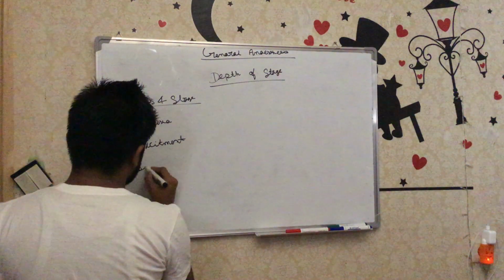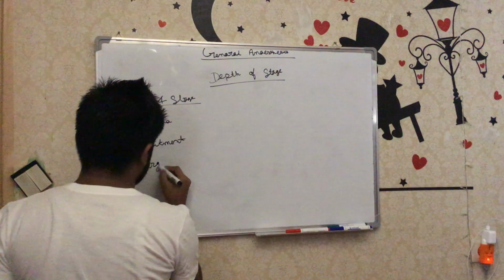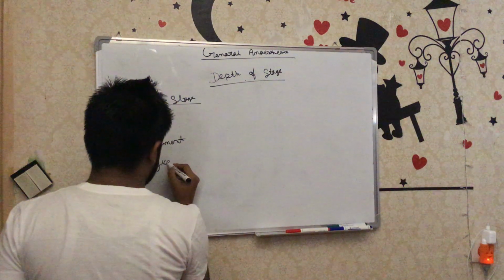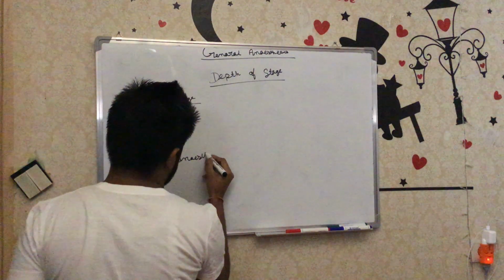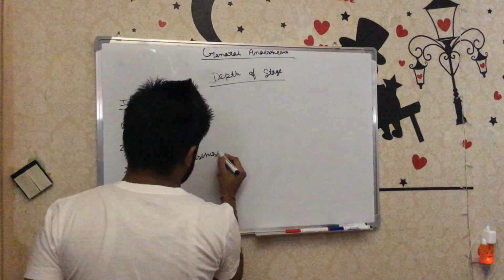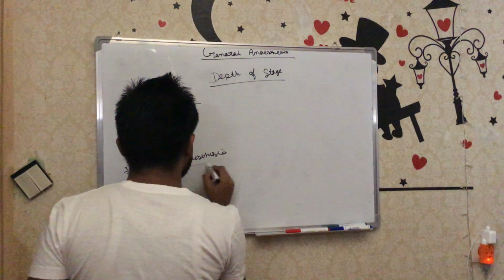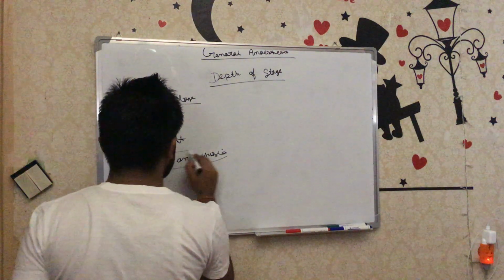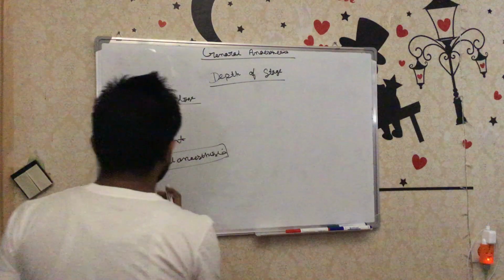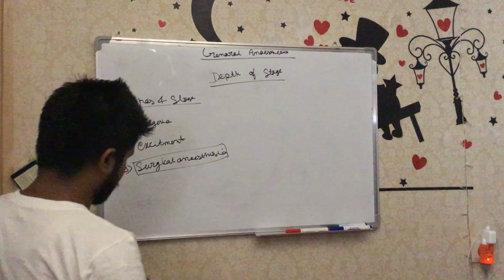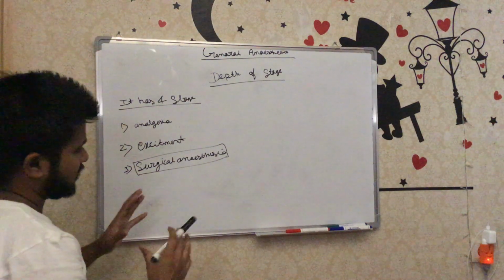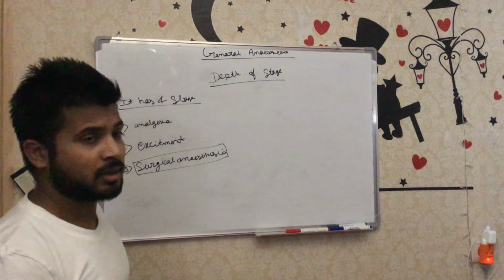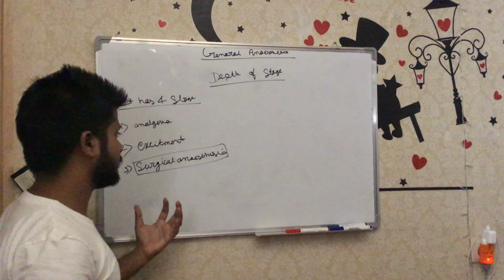The third stage is surgical anesthesia. This is the good stage. For the surgeon it's a very good stage, and even for the patient. In this stage, the muscles become relaxed and respiration becomes normal.